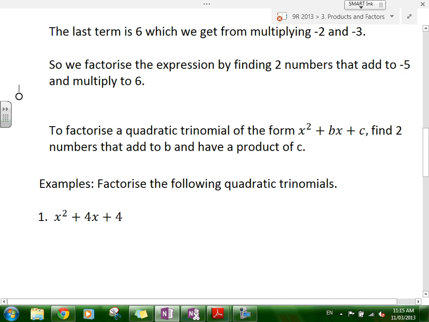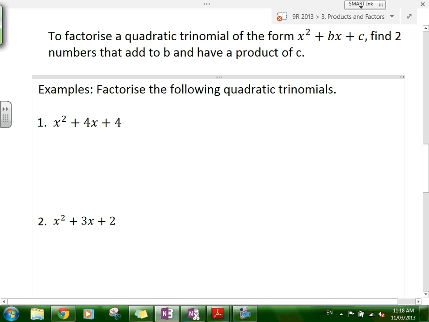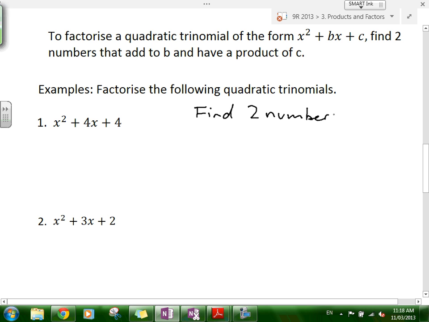Alright, so writing down the last bit and then we're going to look at these examples. First one we've got x squared plus 4x plus 4. So we need to find two numbers that multiply to 4 and add to 4.